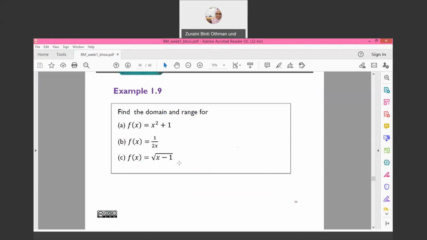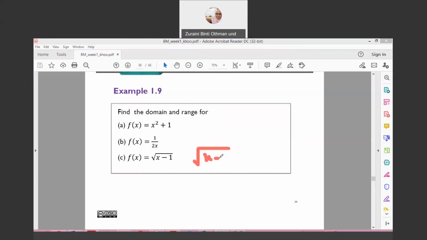Then the domain and range for C is, okay, untuk nombor yang dalam punca x tolak 1. Inside this square root, we cannot put the negative number. Meaning that kita tak boleh letak nombor yang lebih kecil daripada 0.